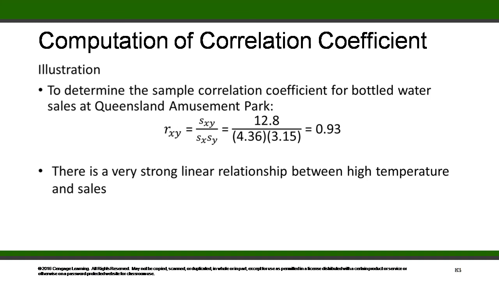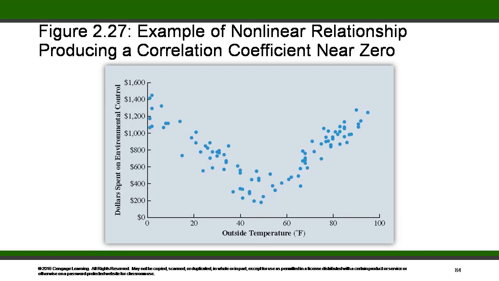There is a very strong linear relationship between high temperature and sales because the value is greater than zero. This figure shows an example of a nonlinear relationship producing a correlation coefficient near zero.